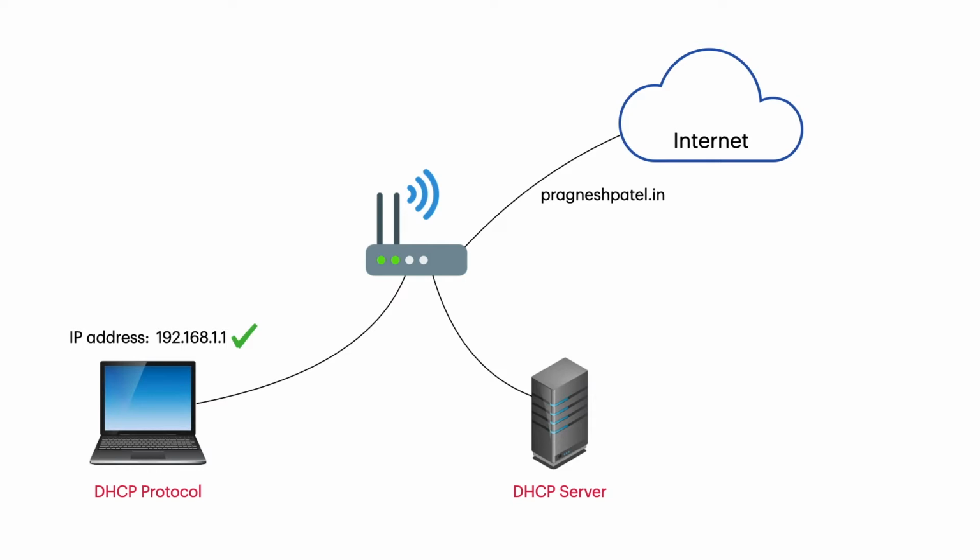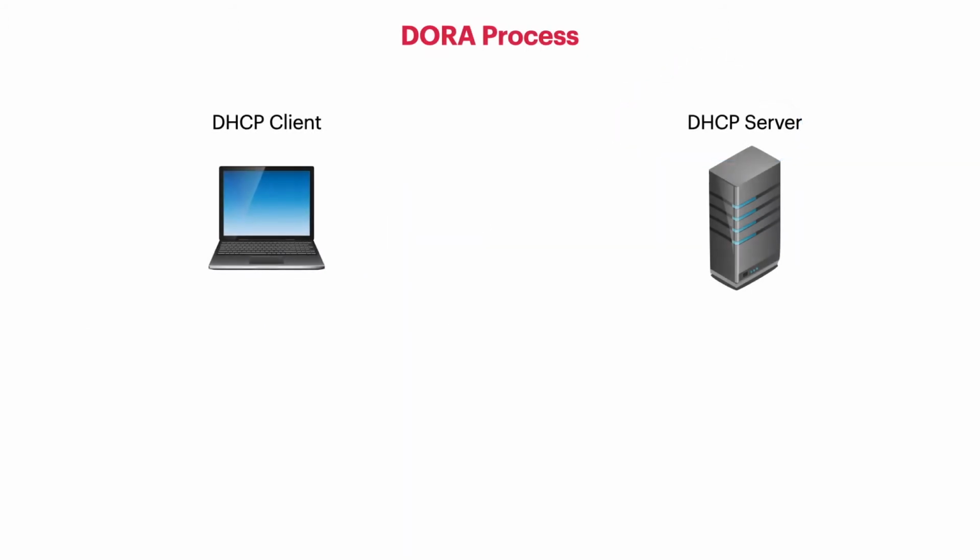This process of obtaining an IP address from the DHCP server by the DHCP client is called the DORA process and involves the transmission of 4 DHCP messages including discover, offer, request and acknowledgement.